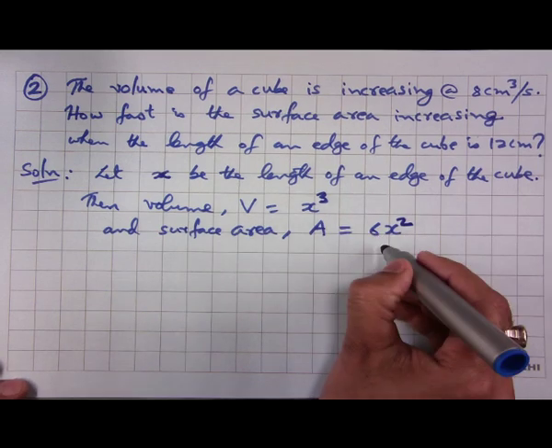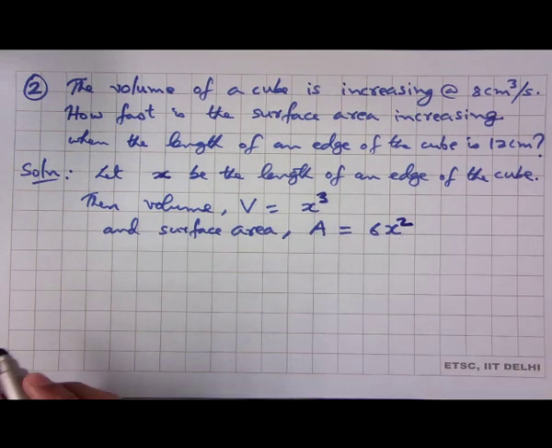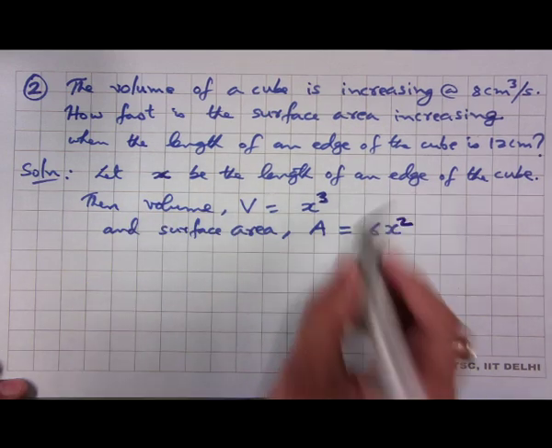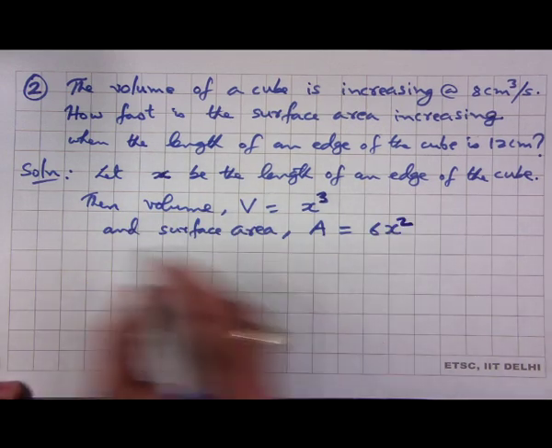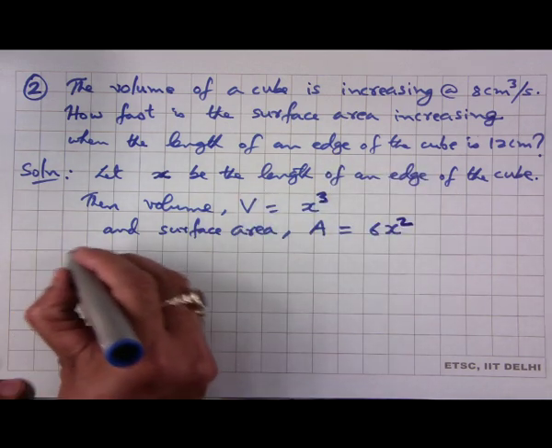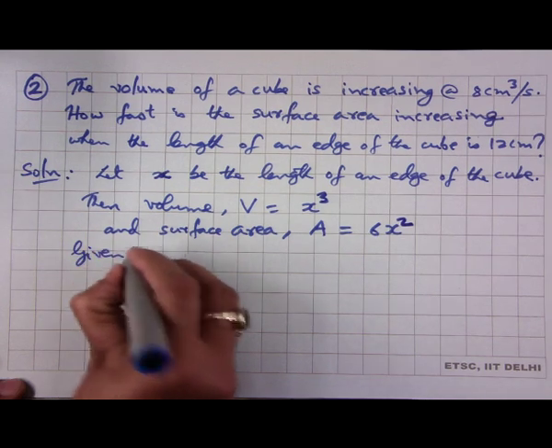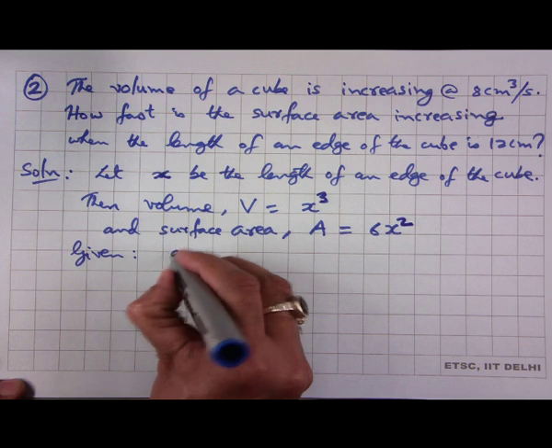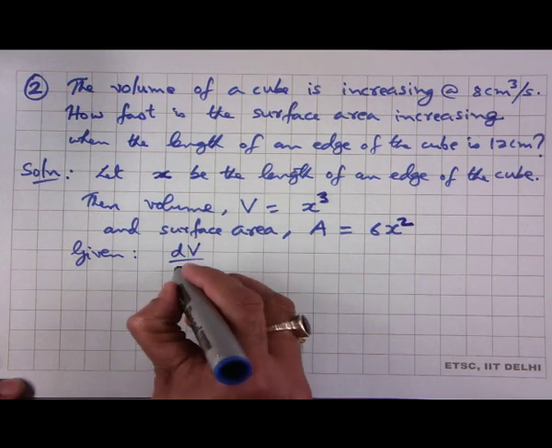So, we are given volume and surface area in terms of the length of the edge of the cube, and then what is given is the rate at which volume is increasing.